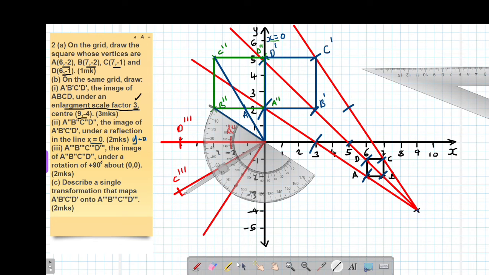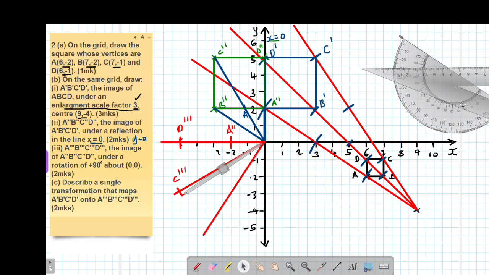Then let me remove this. Using the pair of compass, I'll ensure that this distance to point B is the same. I'm simply going to rotate it in this manner. So you can see our B prime prime is supposed to be here. So this is the B prime prime prime.